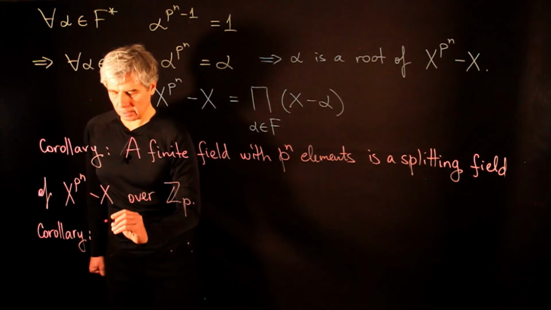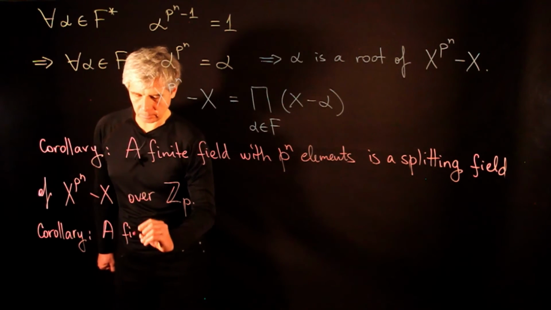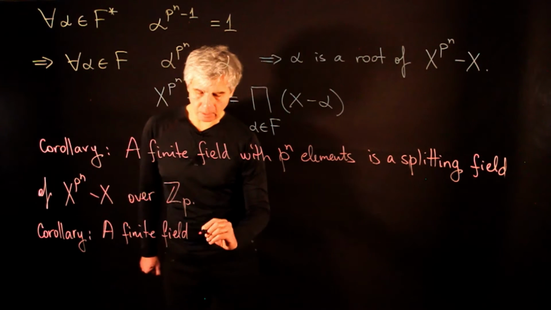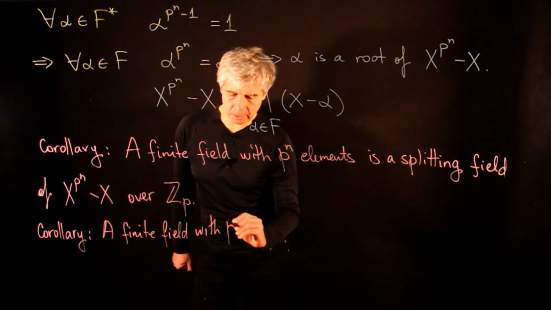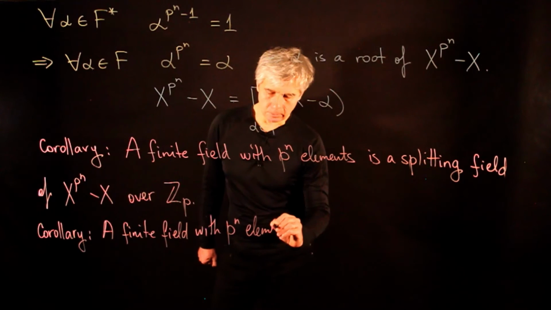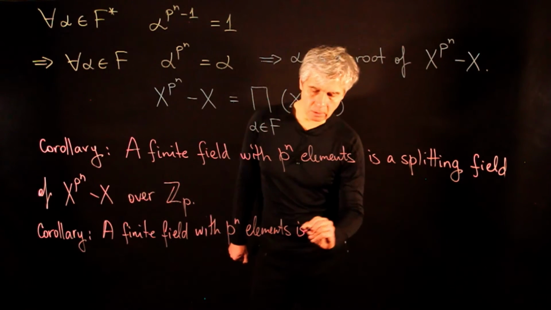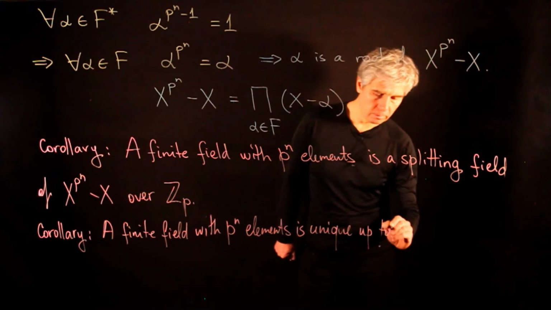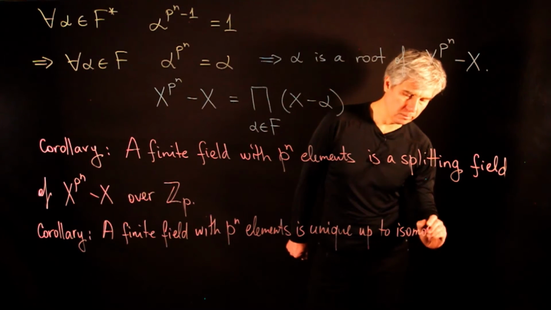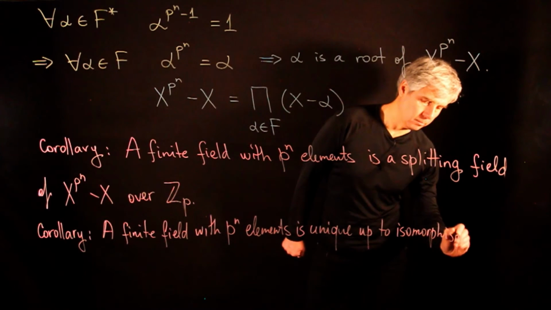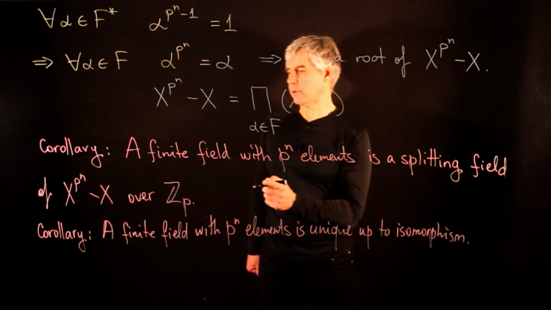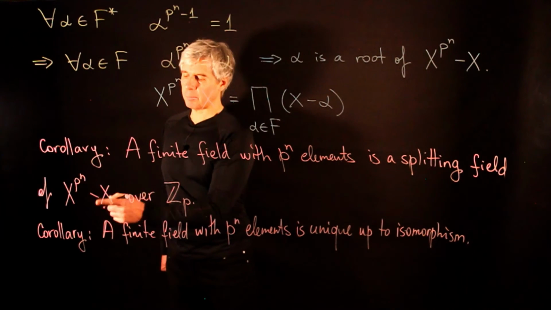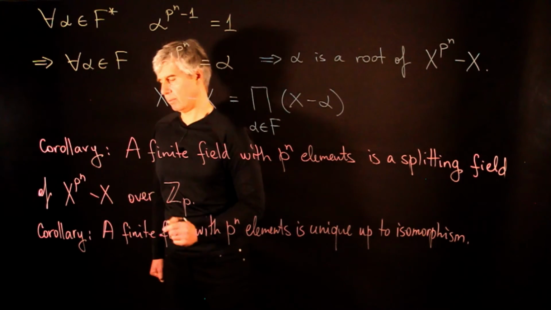And the consequence of this is that a finite field with p to the power n elements is unique up to isomorphism. This follows from what we proved earlier, that the splitting field is uniquely defined up to an isomorphism by its polynomial.